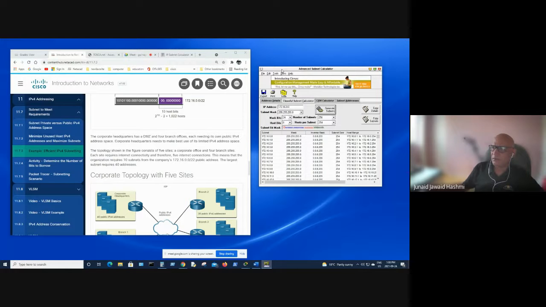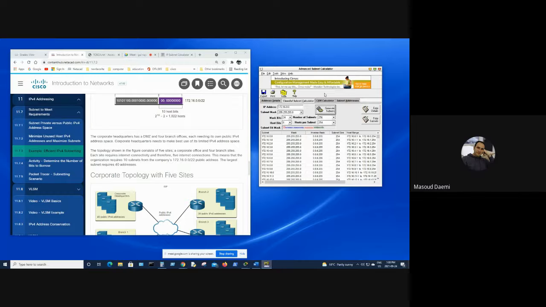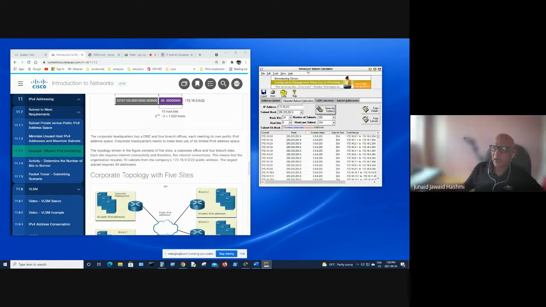Have you guys used this subnet calculator before? No? Okay, you know what, I'm going to put this on my shared drive. You can download it from there, because if you download from SolarWinds, you have to create an account.